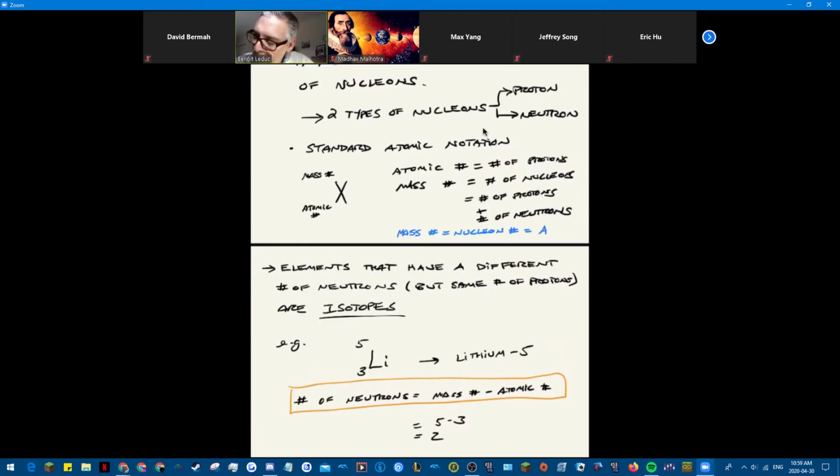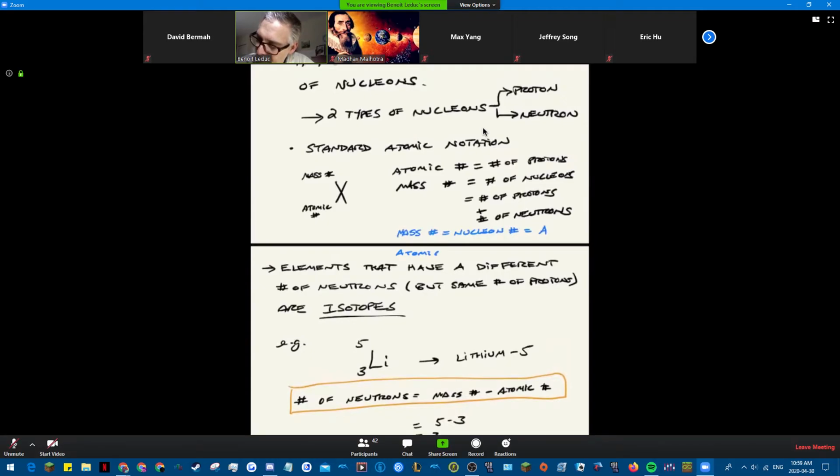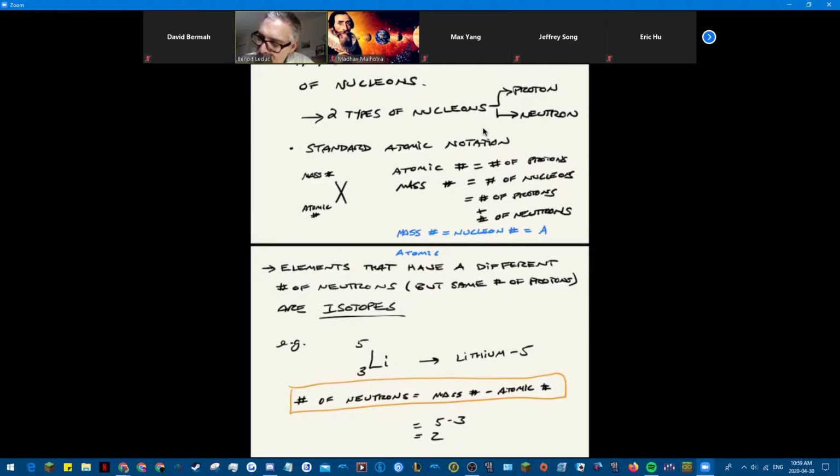And the atomic number Z is the charge. So let me put it here. Atomic number is also Z. It's a capital Z.